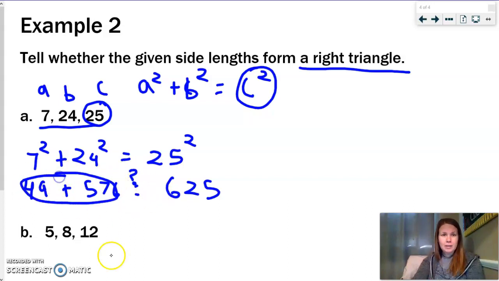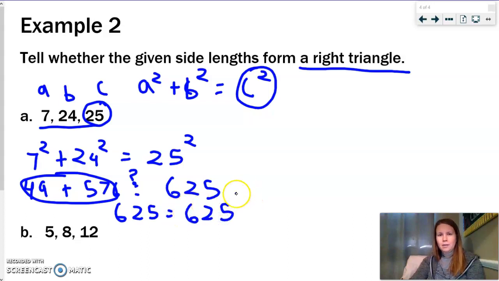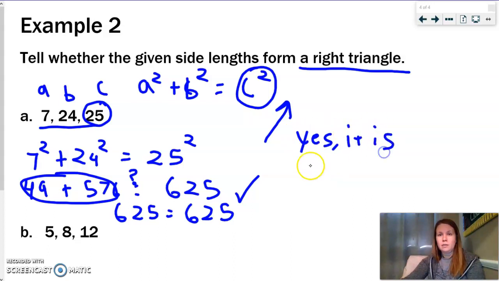So I'm going to add up these. 49 plus 576. Oh, that does give me 625. Well, 625 does equal 625. Yay, it works. So that means because it works, it is a right triangle. So I'm going to say yes, it is a right triangle.